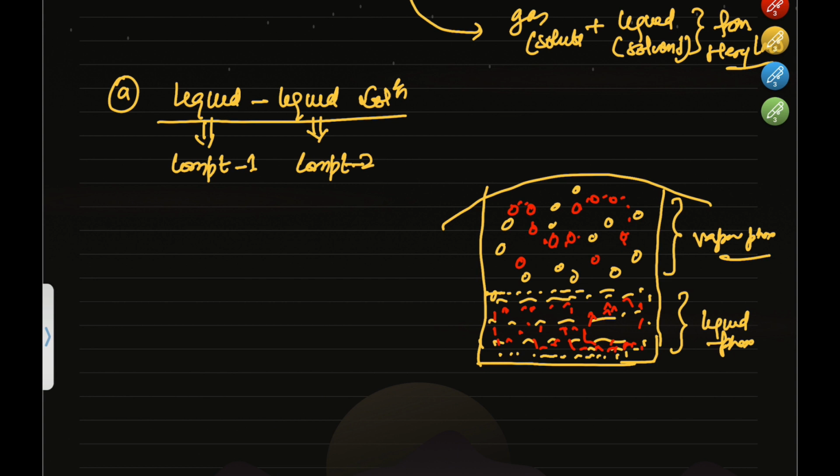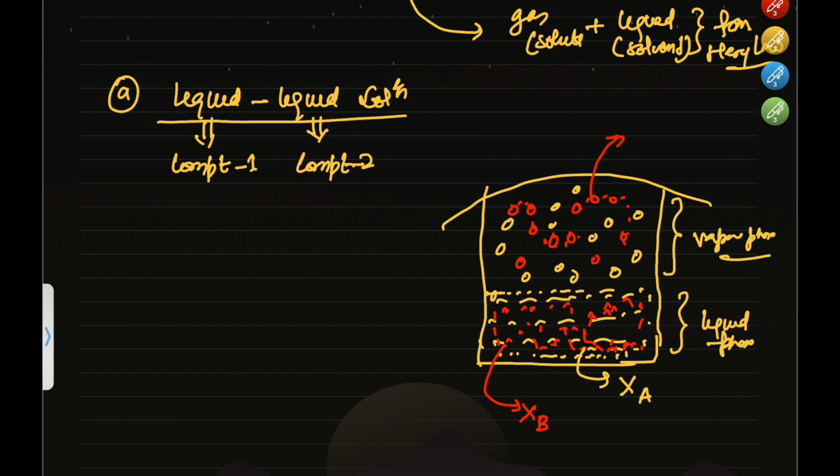The mole fraction of component A in liquid phase is represented by the mole fraction X_A, and the mole fraction of component 2 in the liquid phase is represented by X_B.